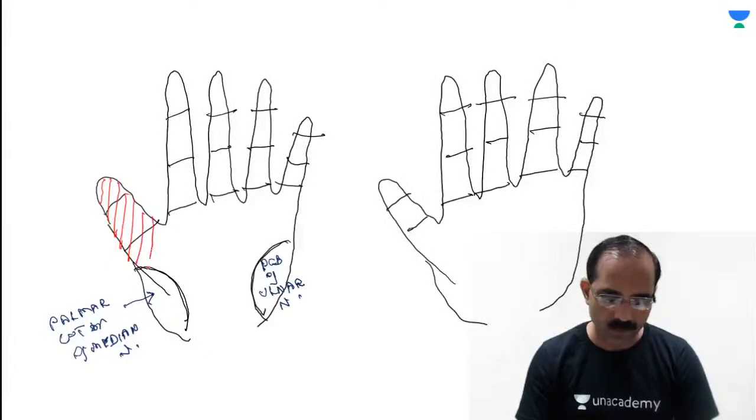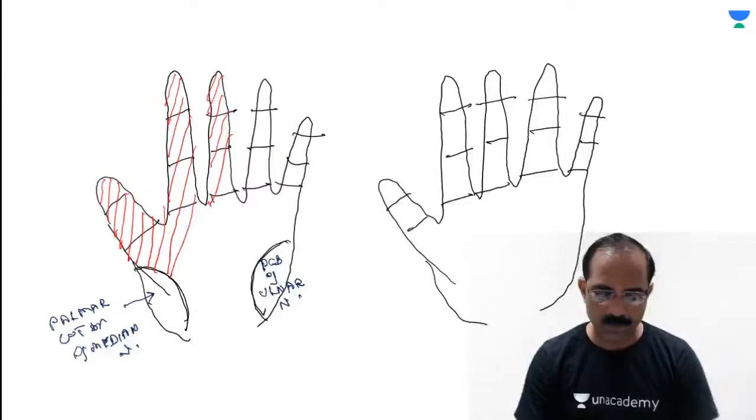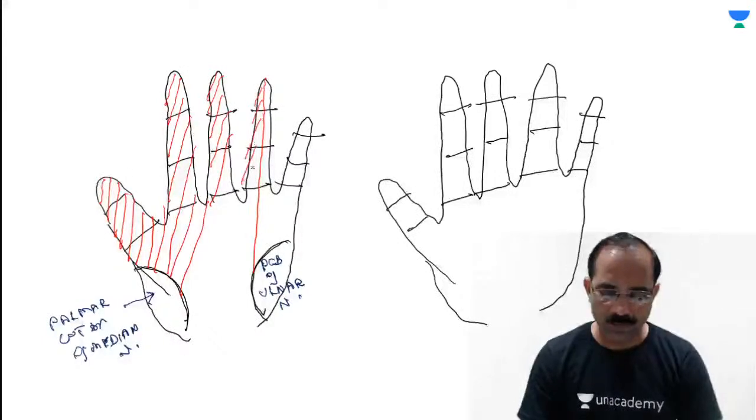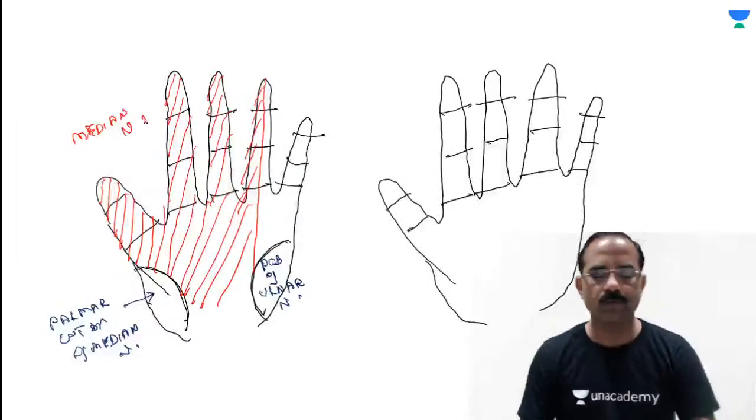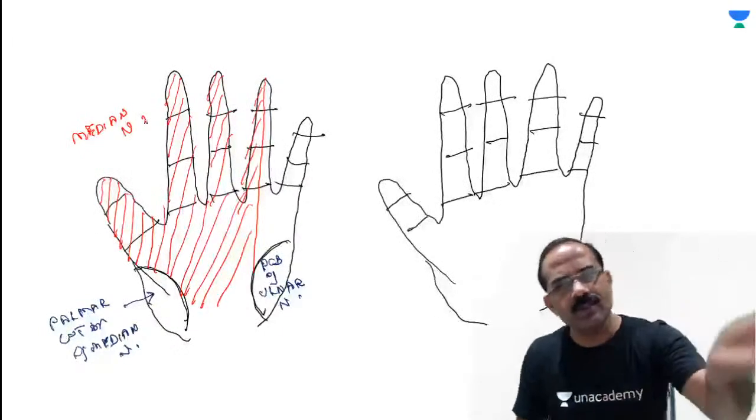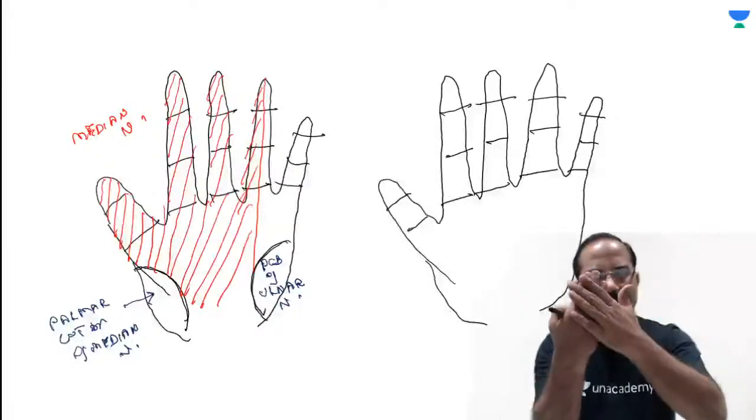Look at this. This is 1, this is 2, this is 3, and this is half a finger. So skin over 3.5 fingers is supplied by whom? Median nerve.